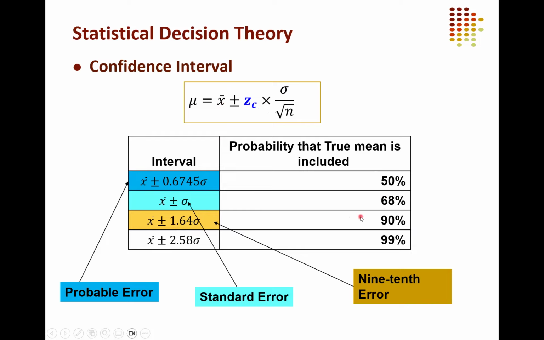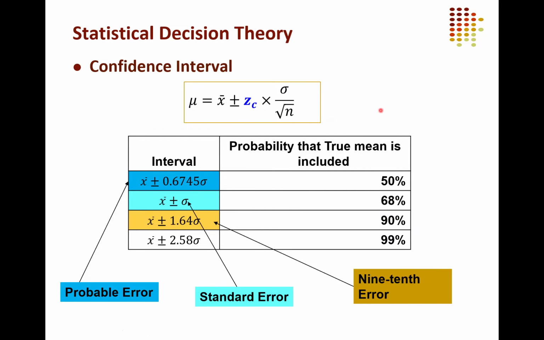If we look for the 90% confidence interval, we have to consider ZC over square root of n as 1.64. So these are the standard ways to define the errors and the confidence interval to observe the population mean around the sample mean for a sample size of n.